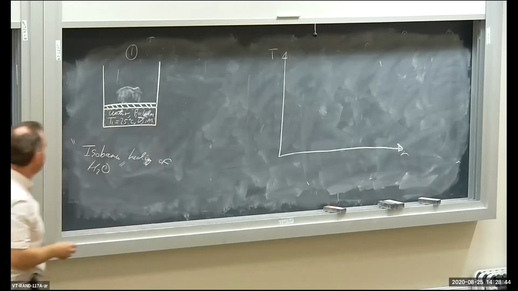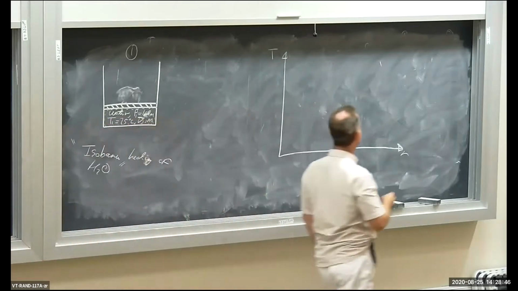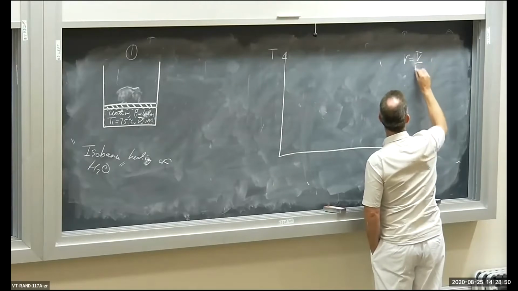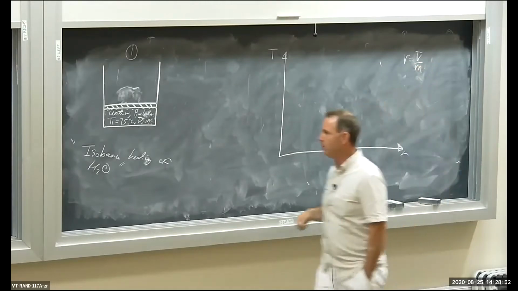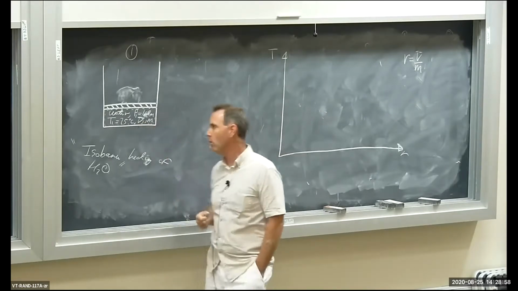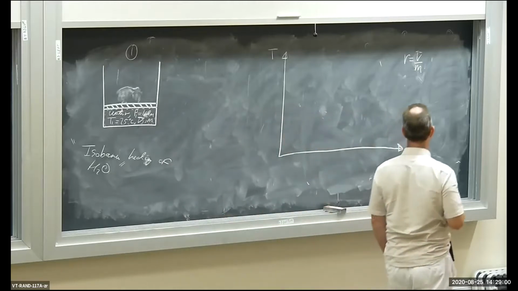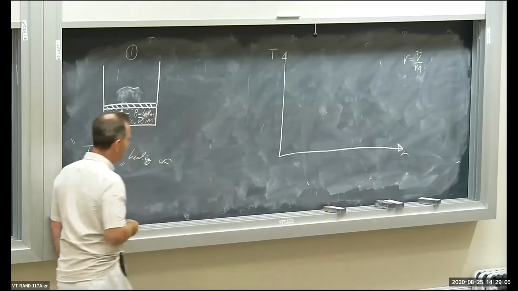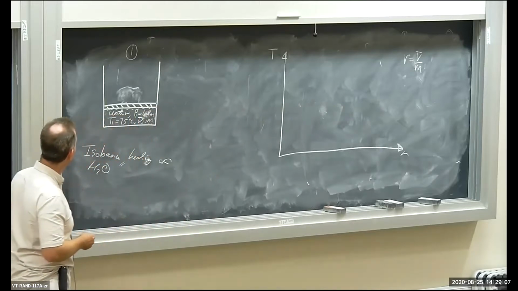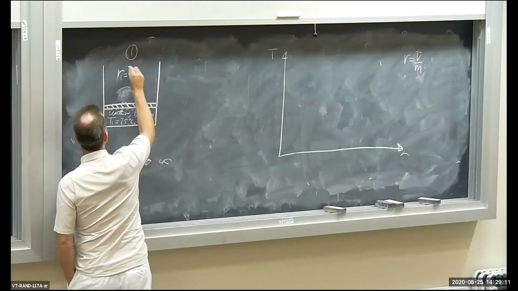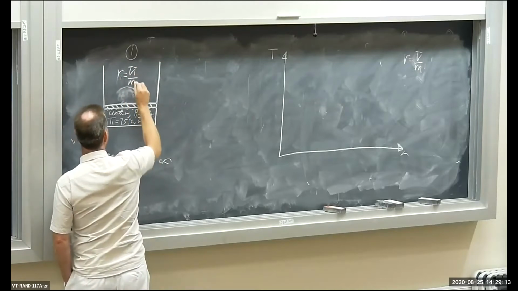Remember, specific volume is volume divided by the mass of the system. So I have an initial volume, state 1 for my H2O, and there's a certain amount of H2O mass in my piston cylinder device, okay? So specific volume at state 1 is equal to volume at state 1 divided by mass, okay?